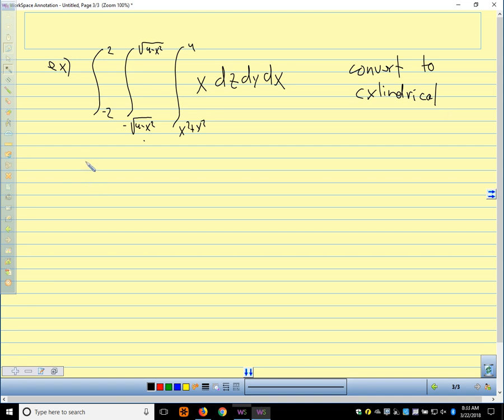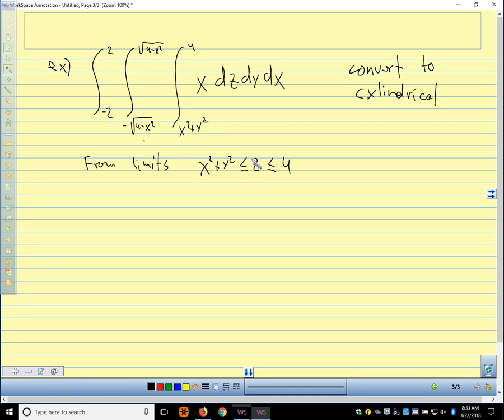So from the limits, we have x squared plus y squared less than or equal to z less than or equal to 4. So what is that? What is z equals x squared plus y squared? Paraboloid. What is z equals 4? A plane. So what is this region describing?